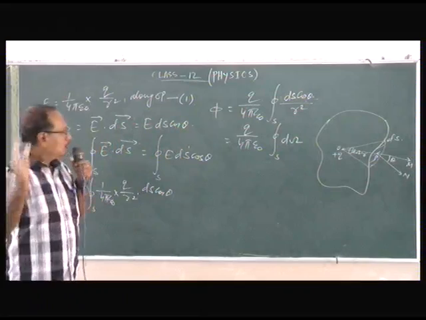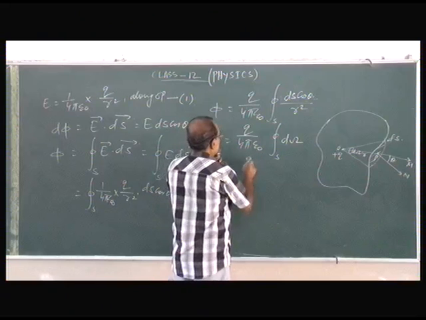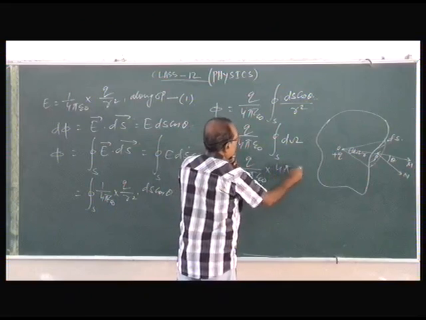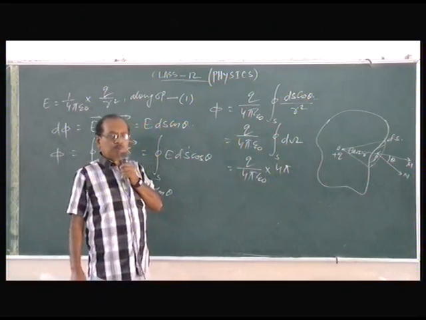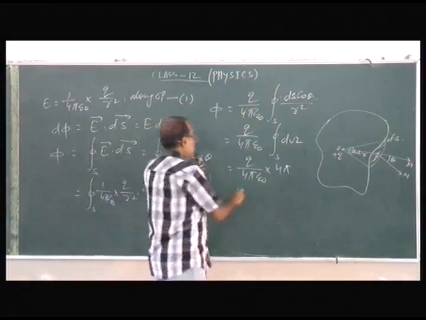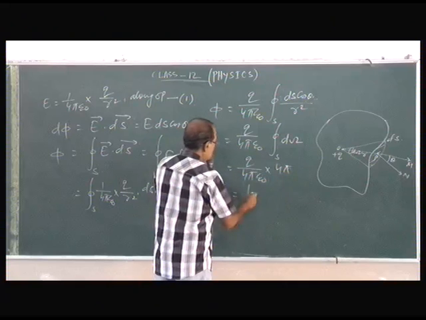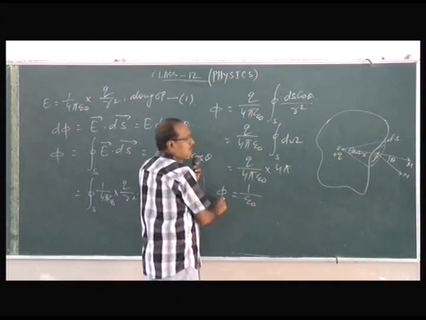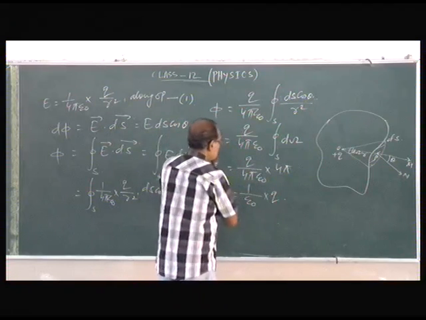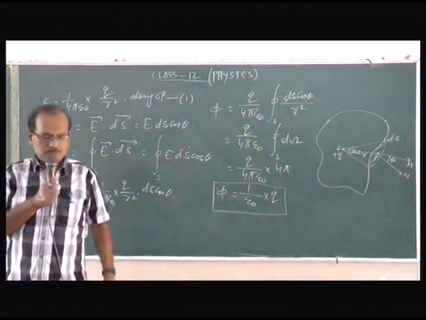The total solid angle by a closed surface is always 4 pi steradian, as I told you. So the 4 pi cancels, giving 1 by epsilon naught. Total electric flux is equal to 1 by epsilon naught into Q.